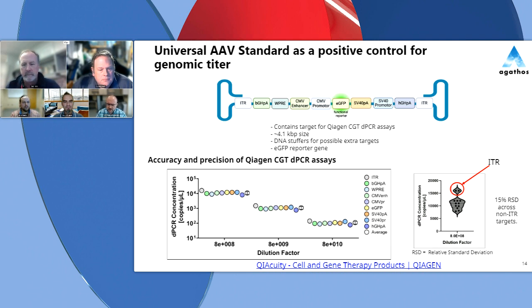When I started working with AAV, I looked into various positive controls for AAV out there, and yes, they are there. However, the limitation was that the number of targets commonly used in cell and gene therapy was not there. Commonly used is ITR, and a few other targets like promoter and then poly-A, which could be found in various genes of interest.